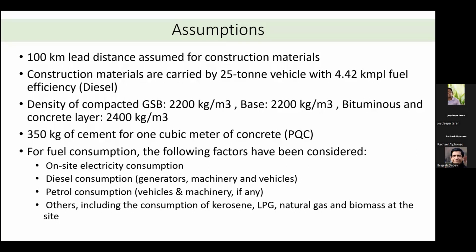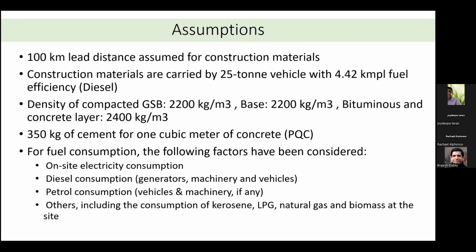Once the complete study has been completed and you have run the LCA, you can vary this 100 kilometers from 50 to 5,000, or whatever distance we can use. Why I say 5,000 is, if you are taking air transport or water transport, your miles will come into the picture, so the distances will increase.